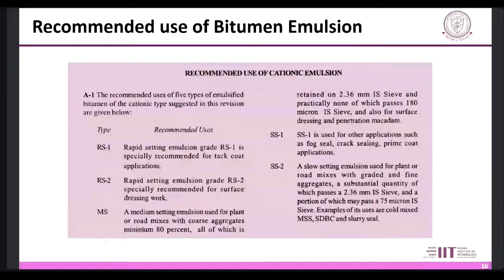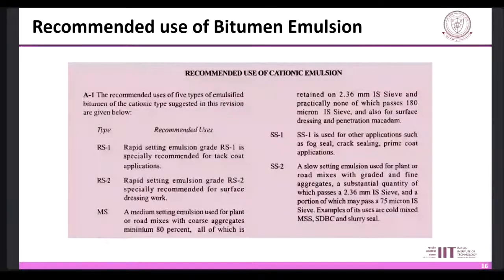Prime coat is basically the application of bitumen emulsion between the unbound layers, like the granular layer, and the bituminous binder layer. And tack coat is done to bind two asphalt layers, like one is the old one and the other is the new one.